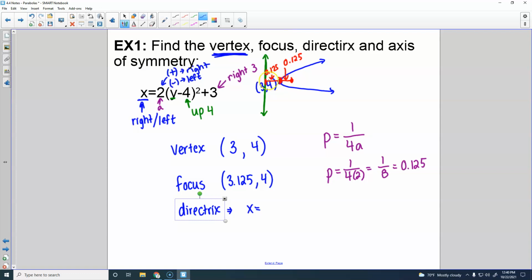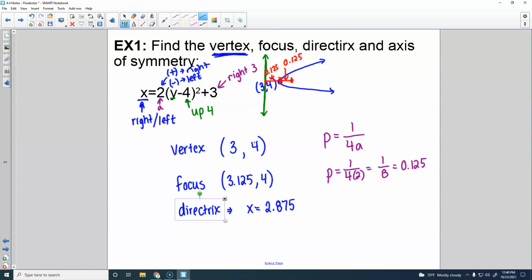So what do I need to do there? Subtract. So 3 minus 0.125 is going to give me 2.875. There. So that's my directrix. That's the equation of that green line there for me.